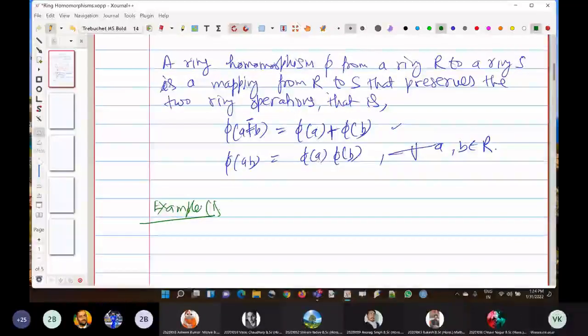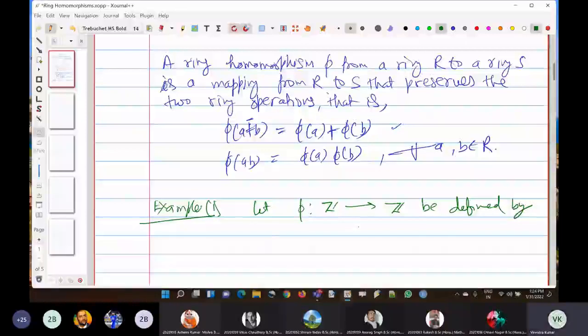If you see the example, there are some examples in your book, and except that, let us take some more examples. We can take, for example, let phi from Z to Z, the set of integers, be defined by phi of x equals 0 times x.